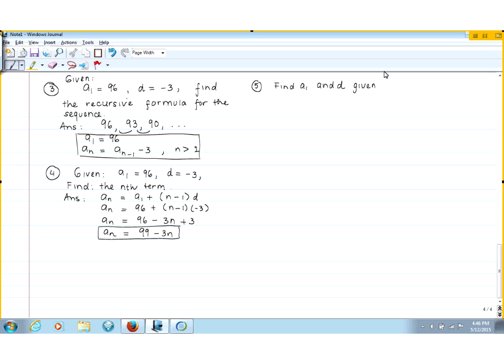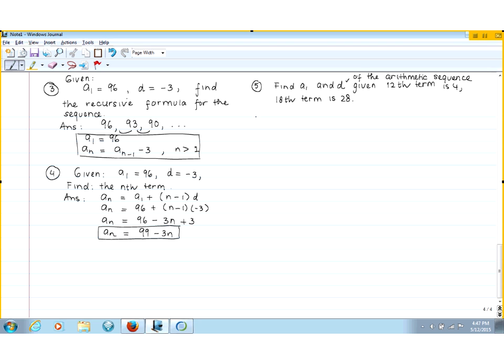Given the 12th term is 4, oh, so we're assuming these are arithmetic sequences, and D of the arithmetic sequence, given that the 12th term is 4 and the 18th term is 28.